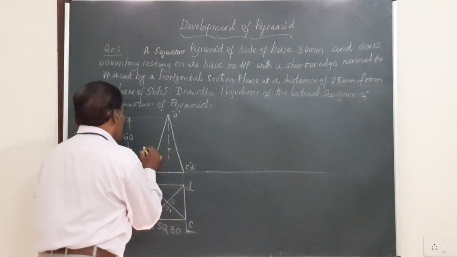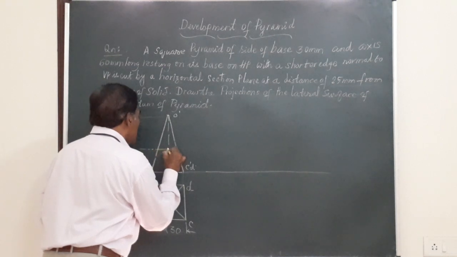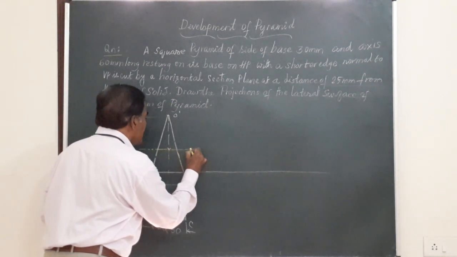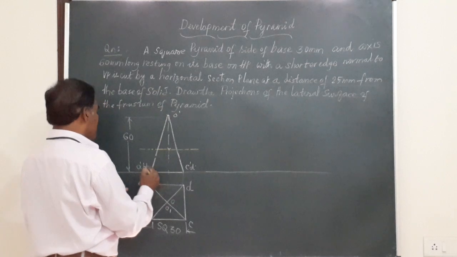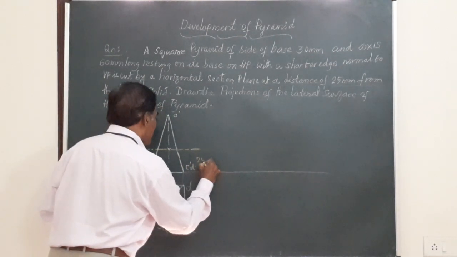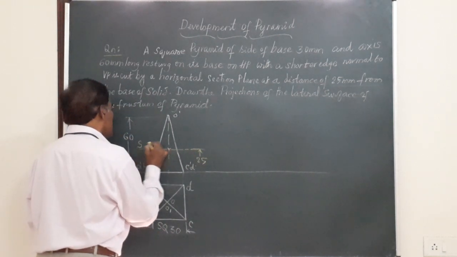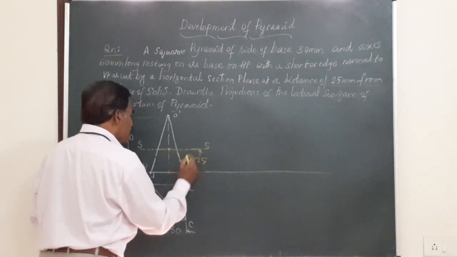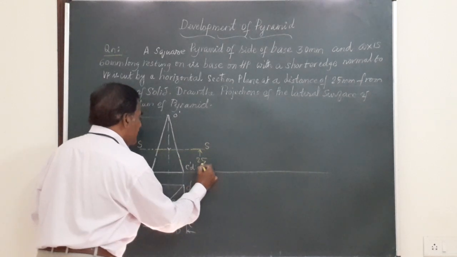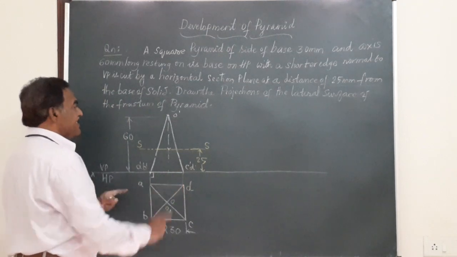So I am going to mark this distance as 25 millimeter from the base, or 35 from this side. So I will show here this distance as 25 mm. That means the horizontal section plane SS is cutting the solid at a height of 25 millimeter from the base ABCD.